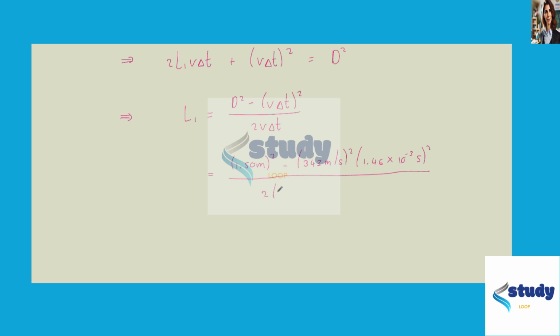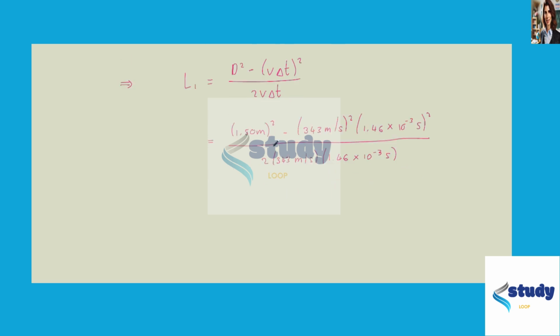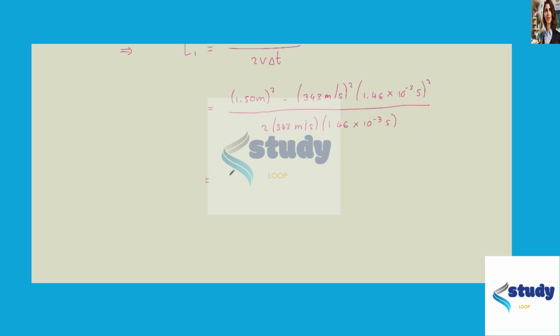So that's 2 times the speed of sound, 343 meters per second, times delta t, 1.46 times 10 to the minus 3 seconds. And so we get L1, if we compute this, to be 2 meters.